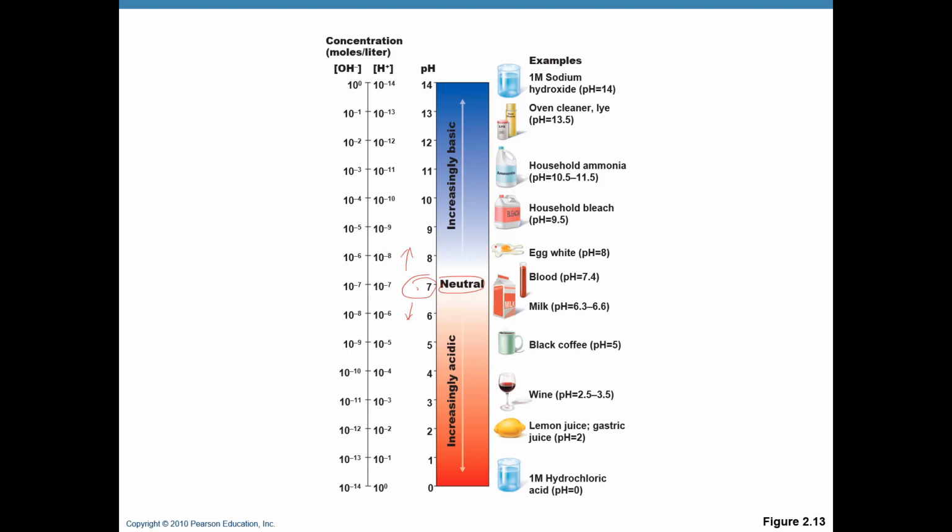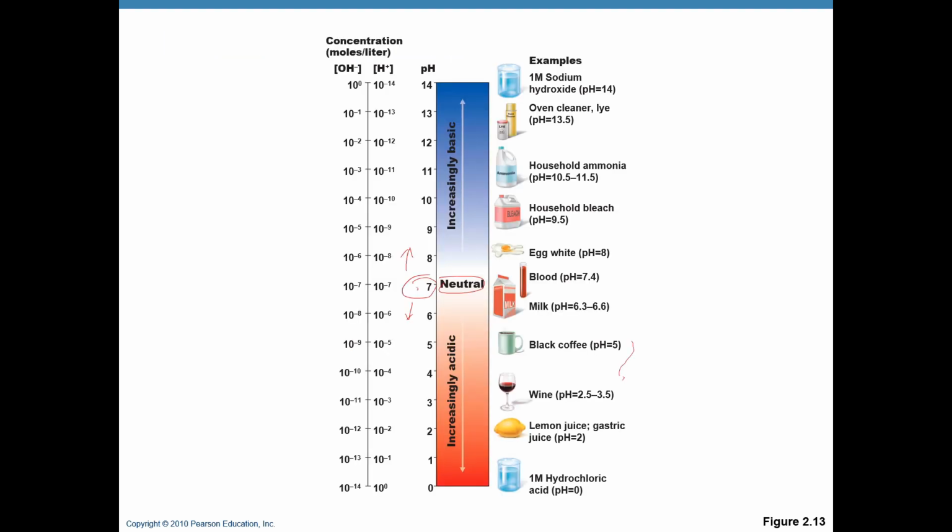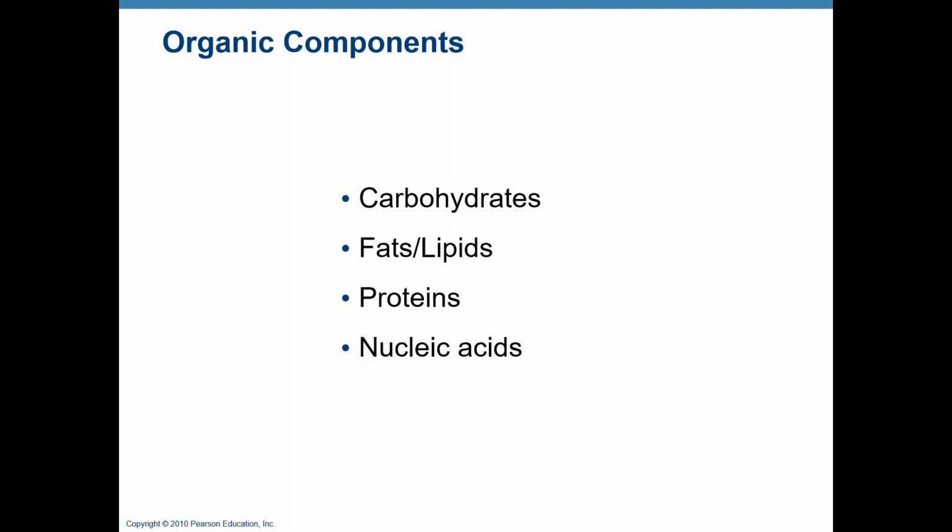Here are some household chemicals and foods that we use every day, and their pH. Those are the acids and bases.